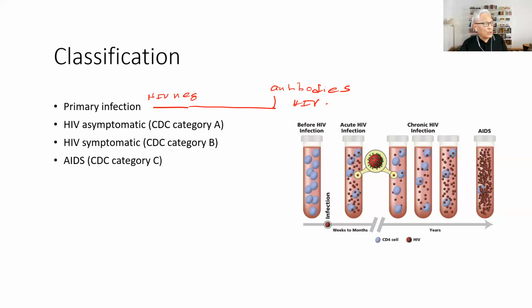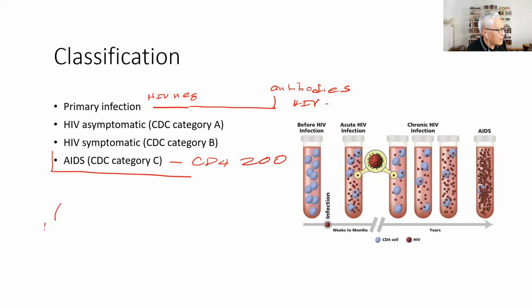And now you're going to go into the symptomatic stage. And these are when infected individuals are not included in the categories of AIDS, but they are in between. Okay, so in CDC category C, this is when the CD4 count now is 200. And this is now AIDS. So I hope that that was clear.